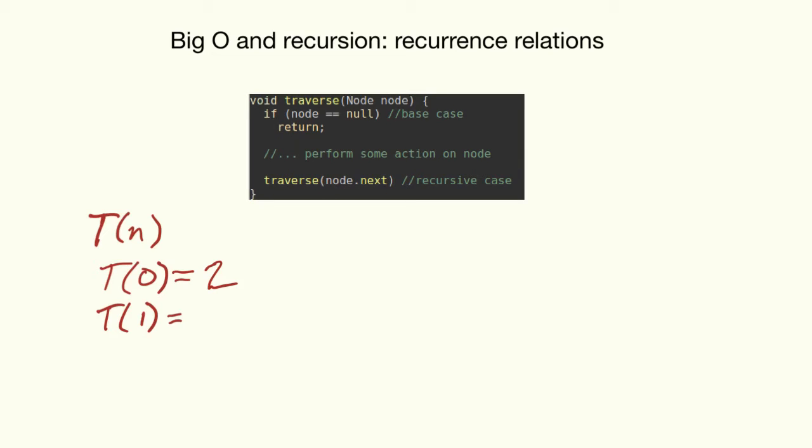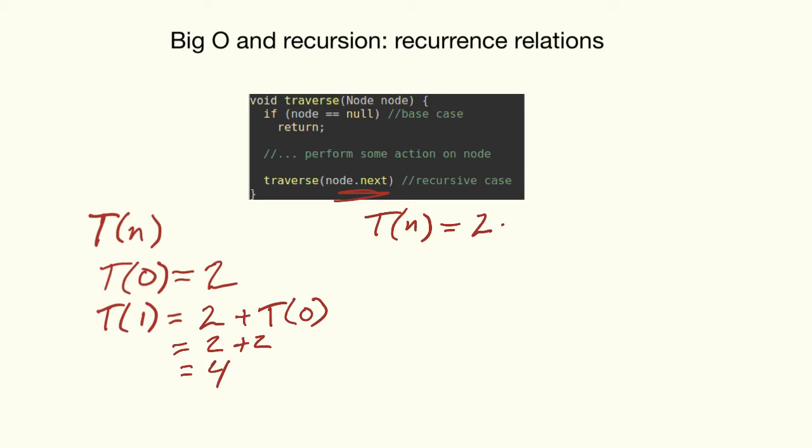So we do 2 amount of work, plus then we do the recursive call. That recursive call, because the list is one smaller, because we've done node.next, is actually T of 0, so this equals 2 plus 2, or 4. So now, can we say this in a general way, define what T of n is for any n? Certainly, we just say it is 2 plus T of n minus 1.